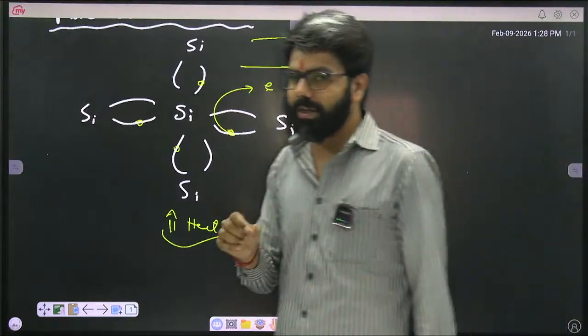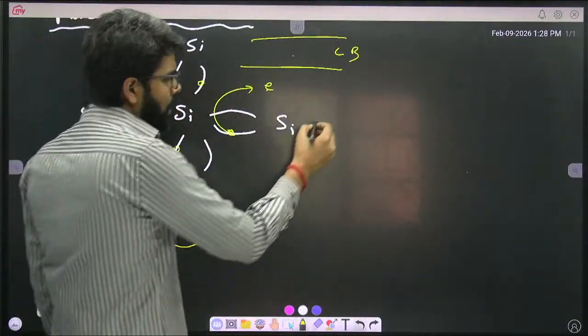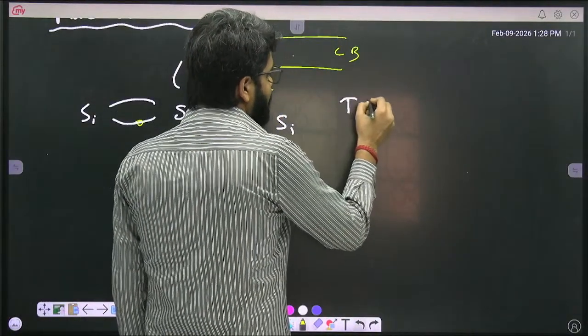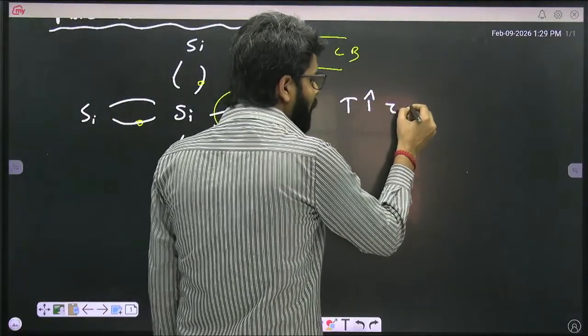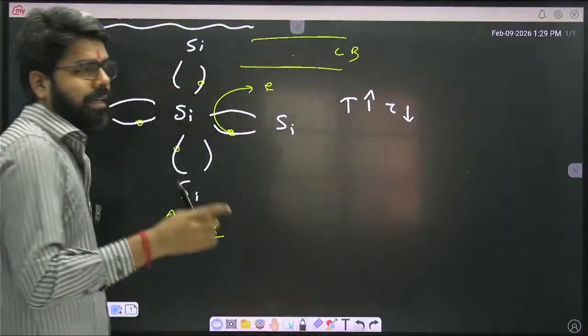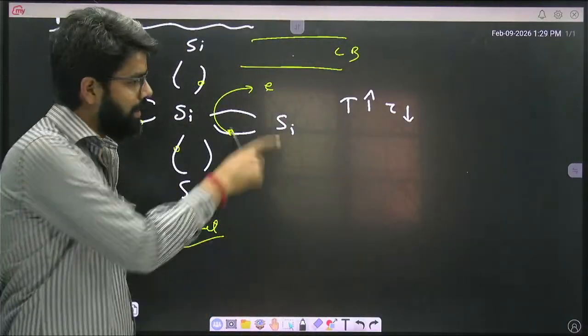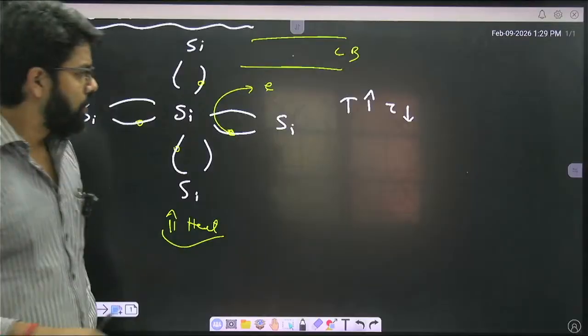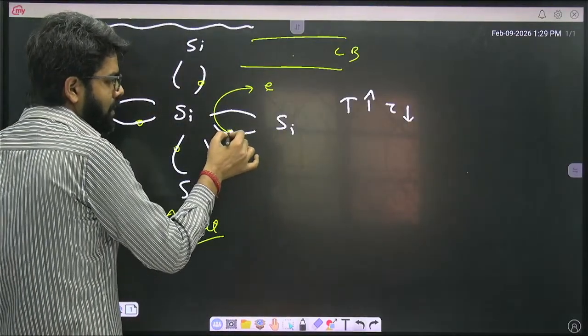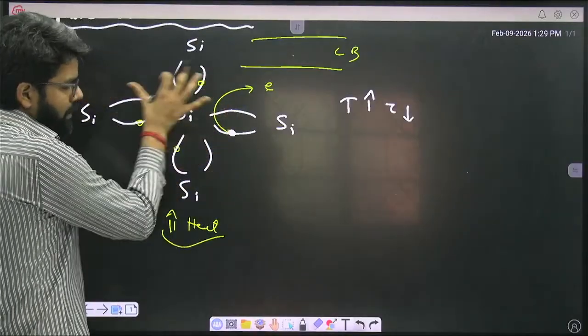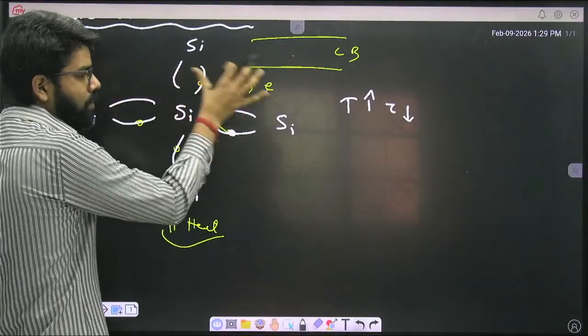And how does that happen? When temperature is increased, relaxation time, as we have already seen, decreases. That is, the time elapsed between two collisions decreases. But you see here, there were totally no free electrons.